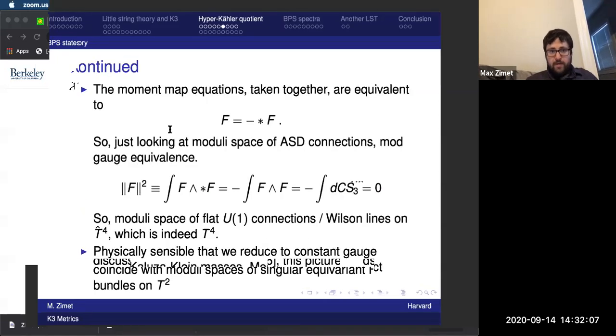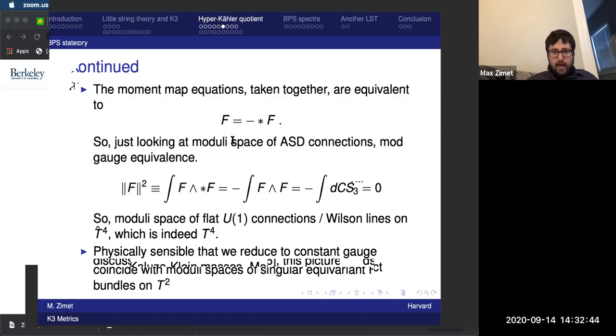And then the moment map equations are extremely nice. If you write down all three of them, then taken together, they just tell you that the curvature of that connection, the field strength, is anti-self-dual. Said another way, the self-dual part of F vanishes, and that is exactly three equations, because the space of self-dual two forms on T4 is three-dimensional.